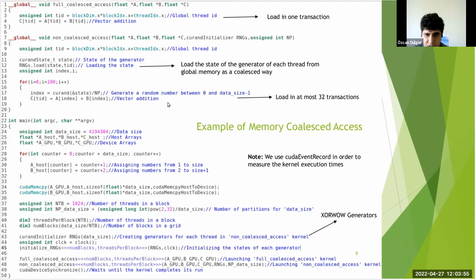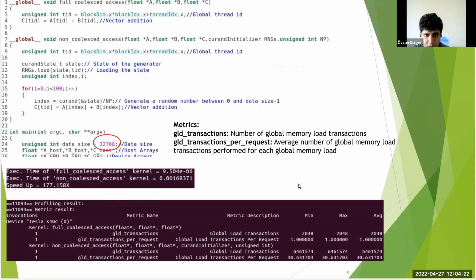For the first kernel, the full coalesced access kernel, it will be exactly one transaction. We use CUDA event record to measure the execution time of the kernels, and we use XORWOW generators in our code and so on.